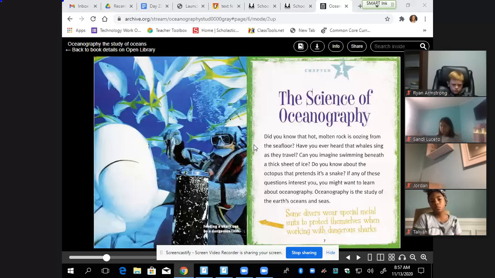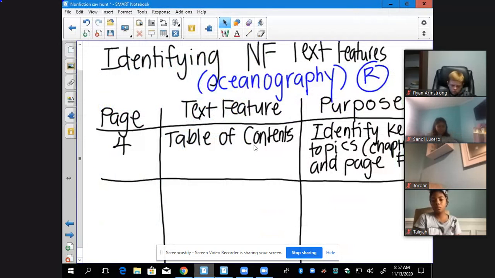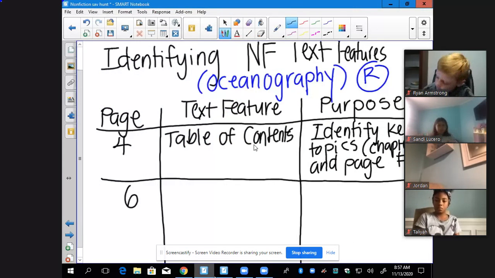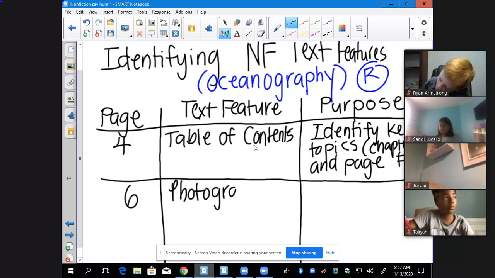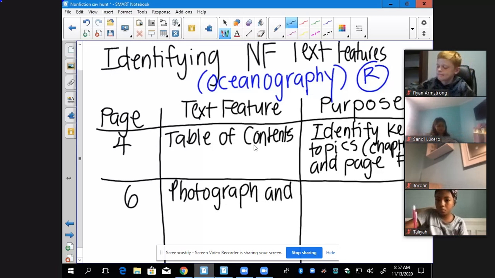So we're going to put page 6. Do this with me. And for this one, we're just going to focus on the photograph and the caption. So we're going to write photograph and caption.